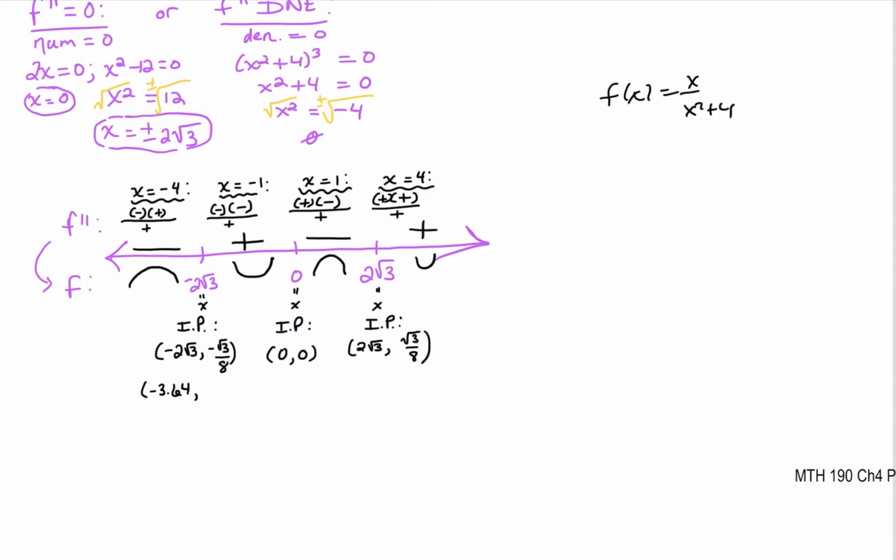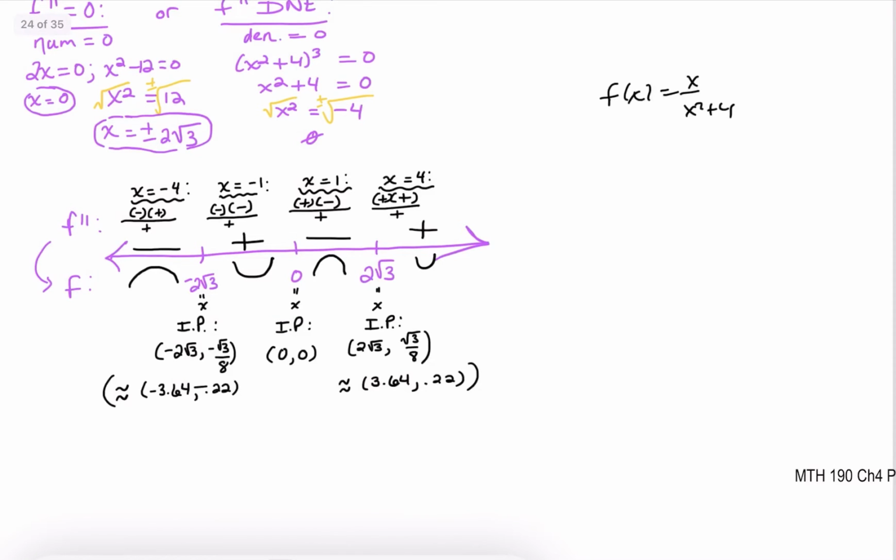And your square root of 3 over 8 is approximately 0.22. So I'll just put a big old approximately on these. This would be approximately 3.64, that one was negative, and this is going to be approximately 0.22. All right, so just for purposes of graphing, that might be somewhat helpful to think of those inflection points that way.